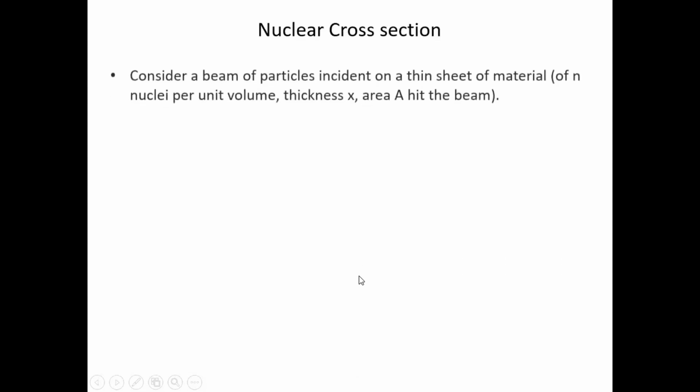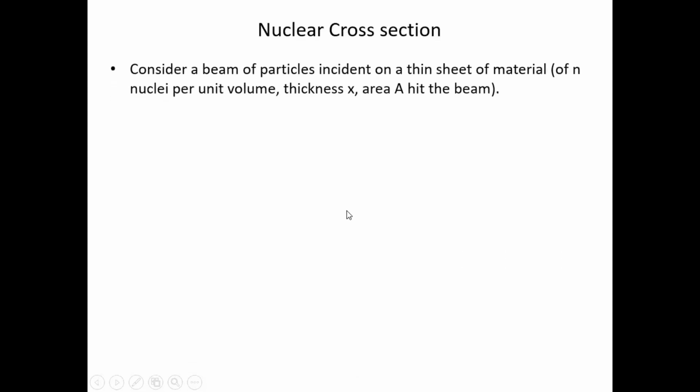The nuclear cross-section, if I try briefly to explain this in terms of a real reaction, then we can imagine a beam of particles hitting a thin sheet of material, which contains n nuclei per unit volume, that is n per cubic centimeter, and the thickness is x or dx.